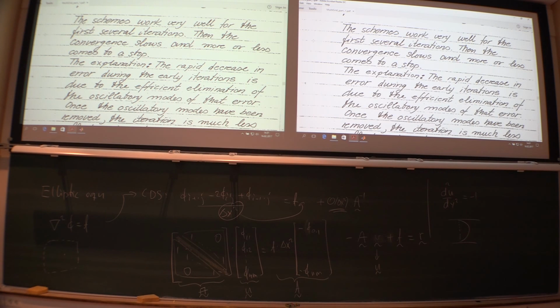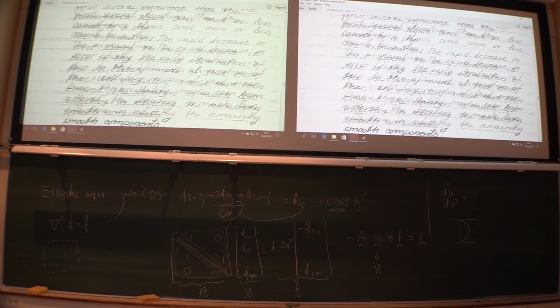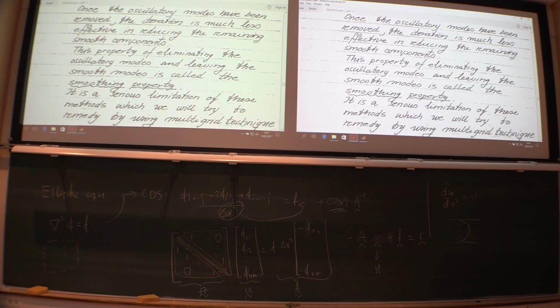If you have high frequency errors, then they will be removed very efficiently. But for the low frequency, it's very, very bad. And this property that they are clever at filtering out high frequency noise, that is what we are searching for, a good smoothing property. That's what we like.